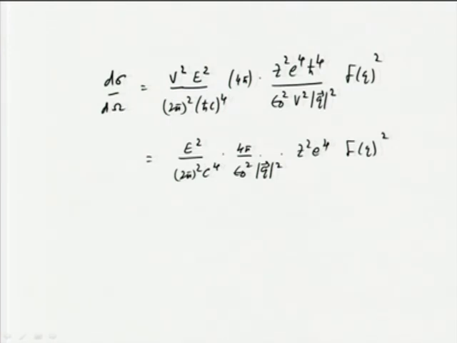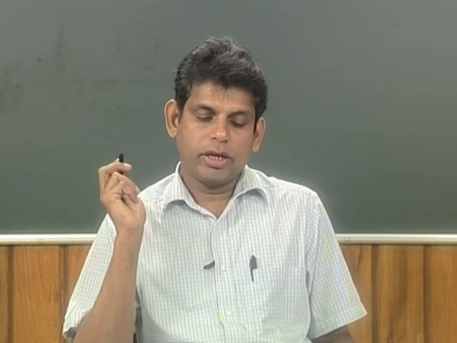And if we consider it as a point particle, then you will have F(q) equal to 1 and the rest of it will give you the Rutherford scattering expression once you rewrite the q in terms of the scattering angle.